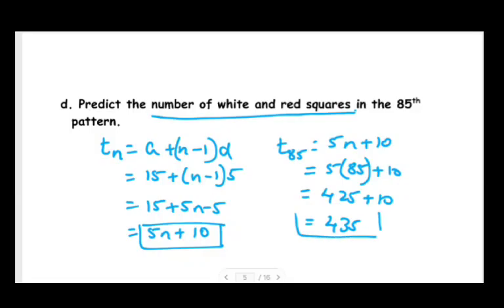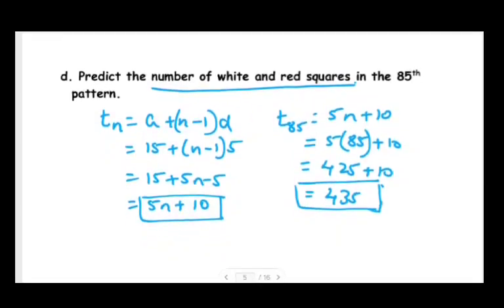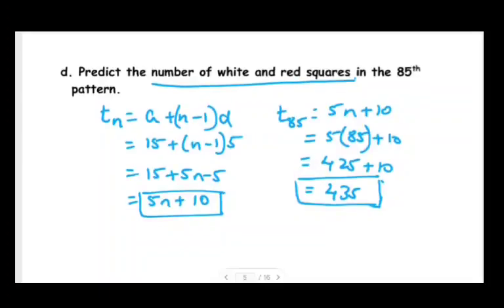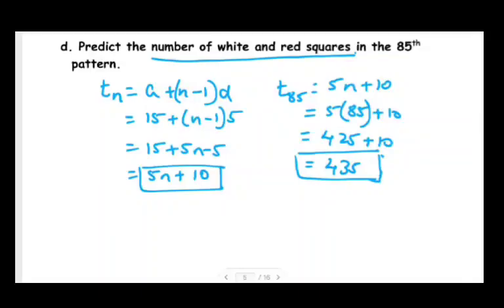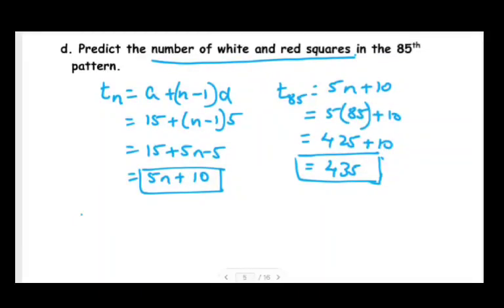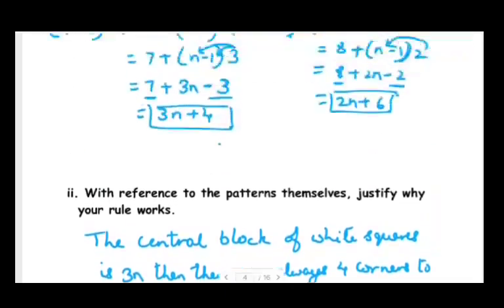This is a combined amount of tiles, but in case they want it separately, you could work this out separately as we have the rules. T85 for white tiles is equal to 3n plus 4, that's what we got as the formula for white tiles.